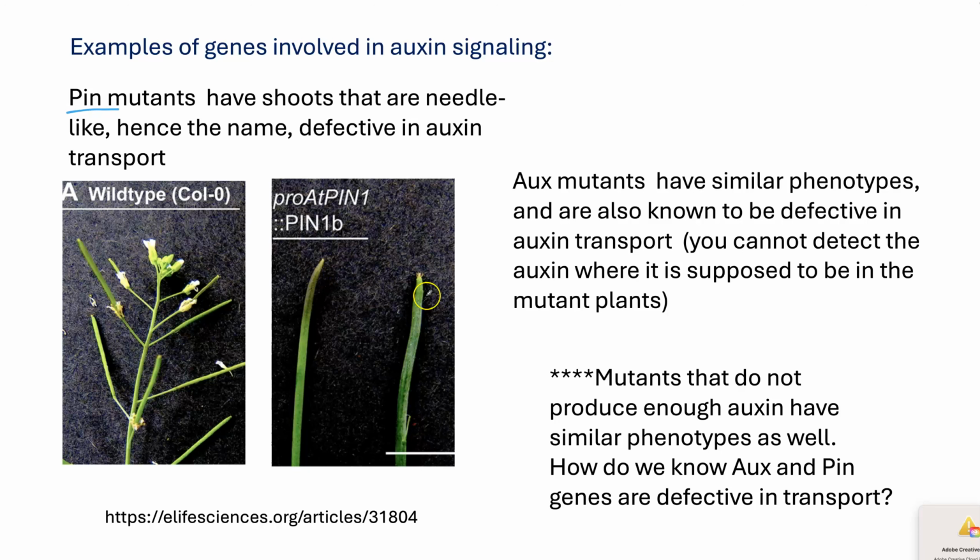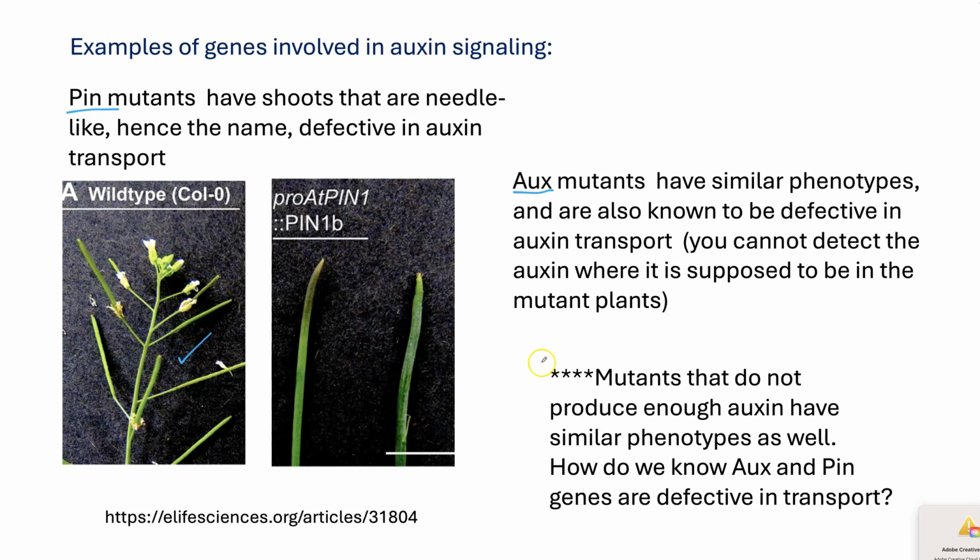They just look like these long, skinny structures, and they haven't developed into the correct structure. And so there's a whole bunch of these. There's AUX and there's PIN mutants, and in both cases they are responsible for the transport, and they're paired, and we'll talk about that in a couple of minutes.